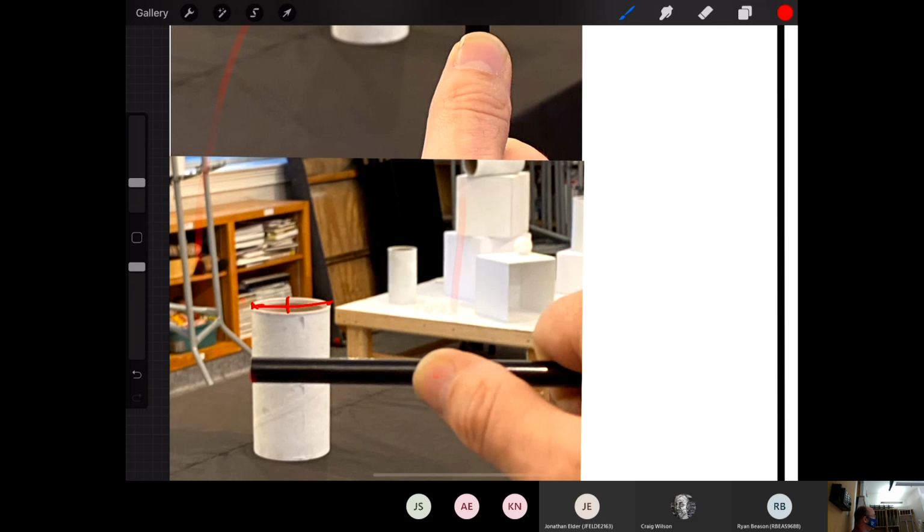Does that make sense? So, Ming, what would your guess be as far as this height relative to this width? How big is this height if we were to compare it to that width? Is it a third of the width? Is it a half of the width? Half-ish? Would you say that's about the size of it?